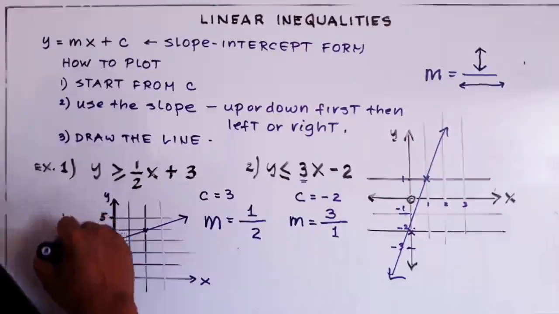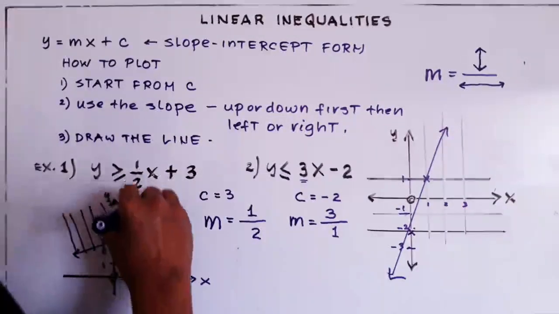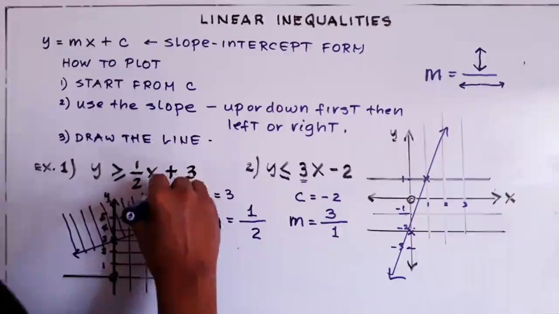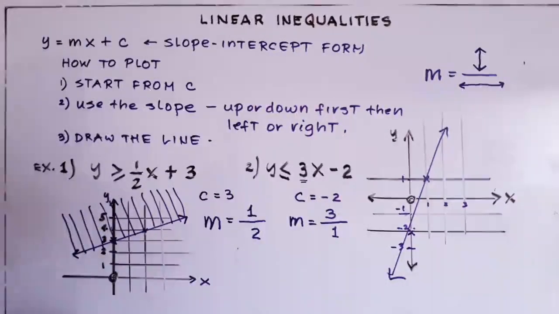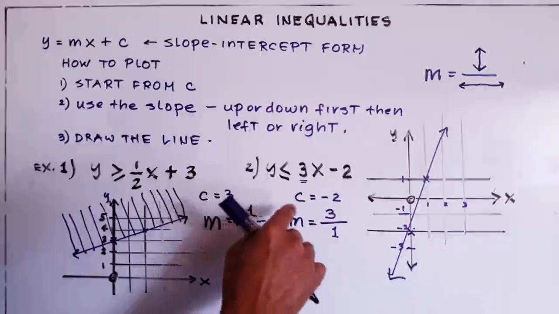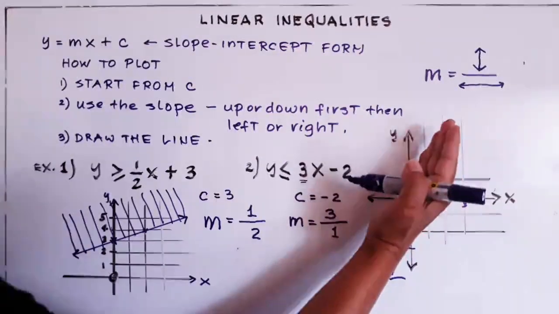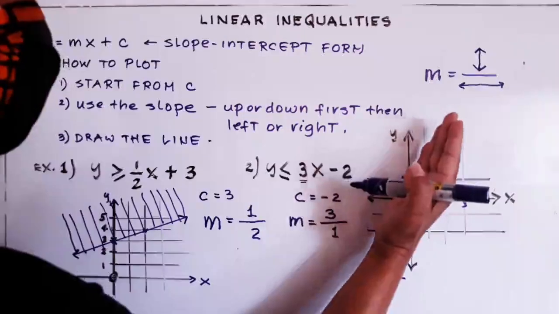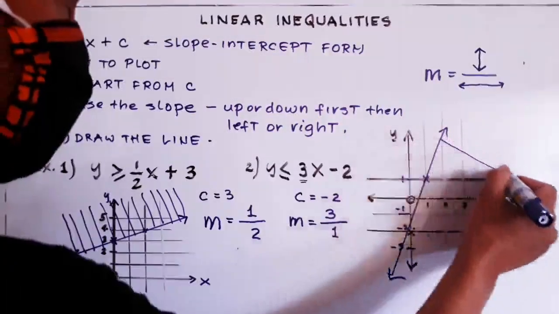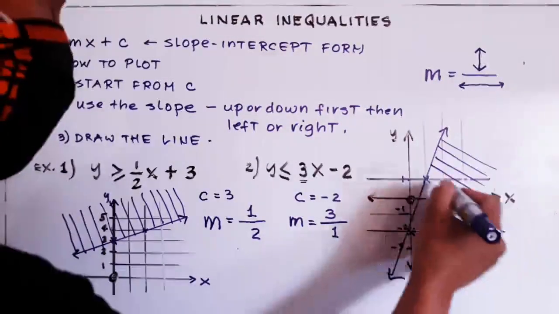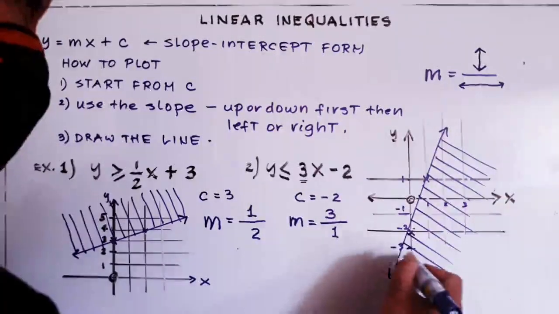Then we draw our lines here, meaning these are all the values of our y's going up. Okay, no values here, class. So if this one is less than, where's the less than of this line? So the less than is going down. And you know this one is going up and up and up. So less than meaning our shade should be here.